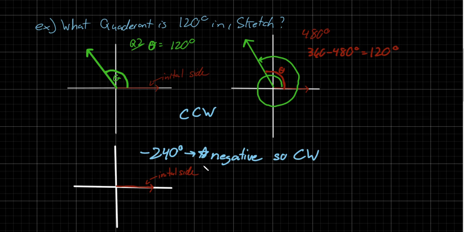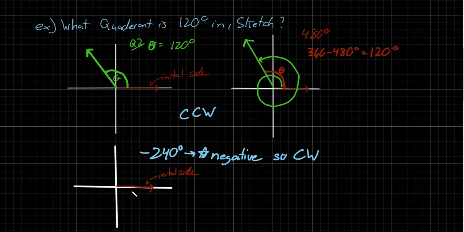Yep, negative 240. So if I go from here to here, what is this line? Negative. So it's going to be in between these two. I just have to figure out where. Who wants to tell me to stop for this one?